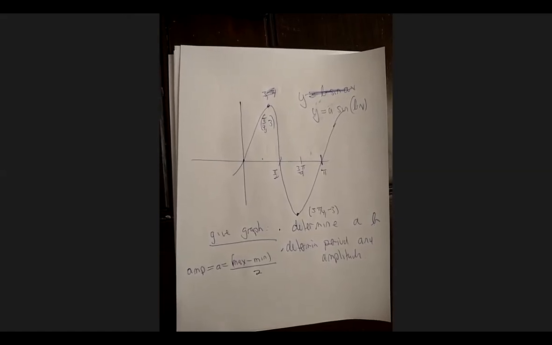I'll give you a chance to work on it, and you can either say it out loud or put it in the chat if you want to answer it. So what's the amplitude? It's the max minus the min divided by 2.